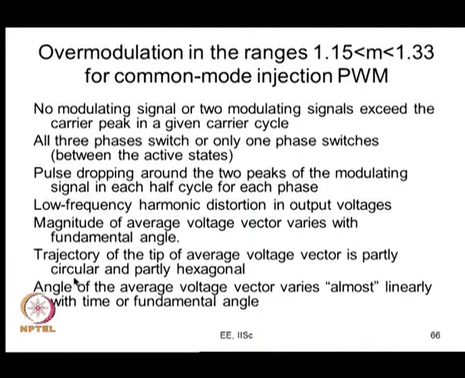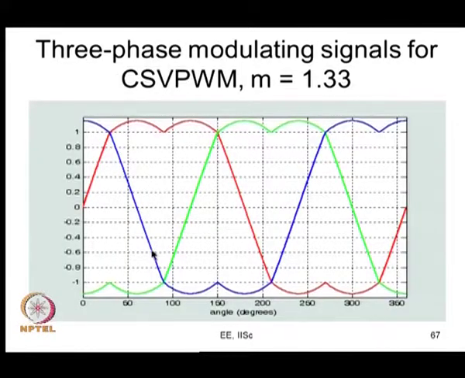So, this was non-circular here in sine triangle PWM. Here you have it as partly circular and partly hexagonal. In this case there is a similarity, you see that the angle varies almost linearly with time. So, you see that there is a great amount of similarity here. So, initially during overmodulation, what happens is only the magnitude of the vector starts varying, the angular velocity continues to remain uniform, but then that will soon change now.